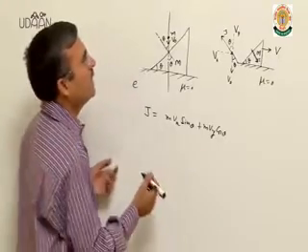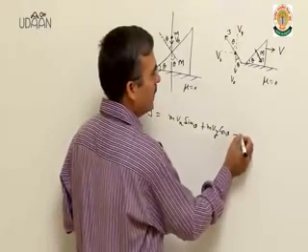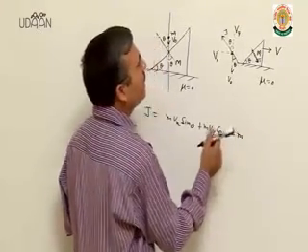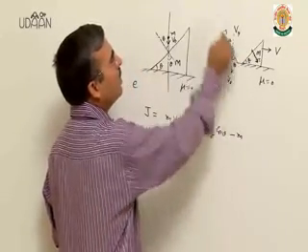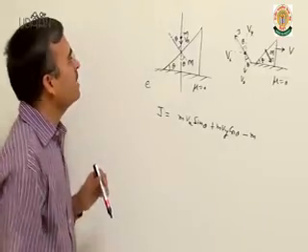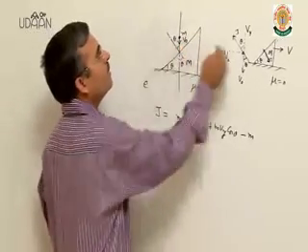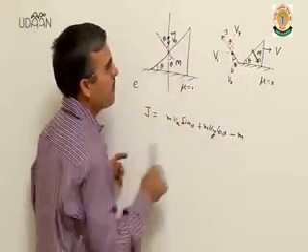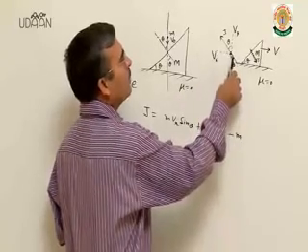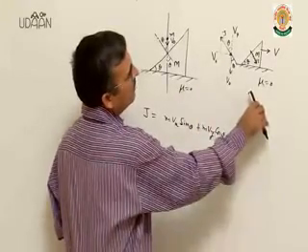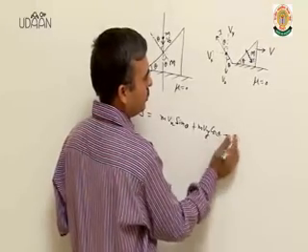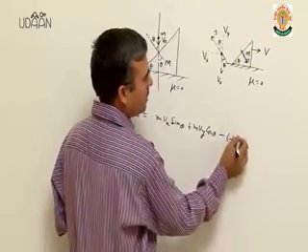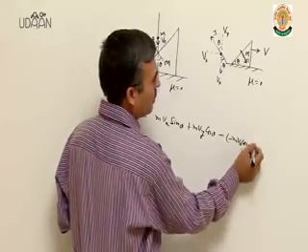Final momentum minus initial momentum, m v naught along the normal. We are taking impulse along the normal. So the component of v naught is v naught cos theta, and that side is negative. So minus m v naught cos theta.